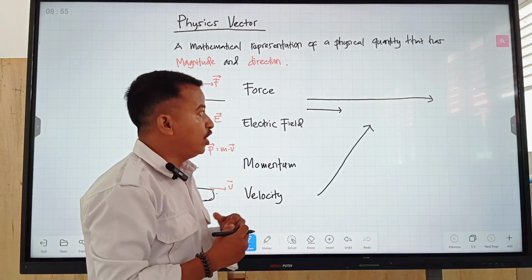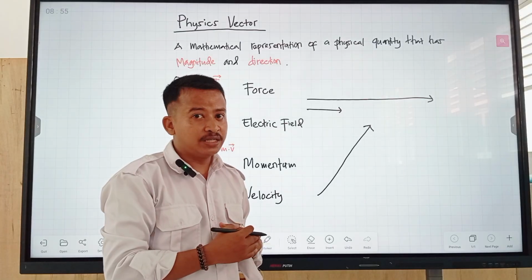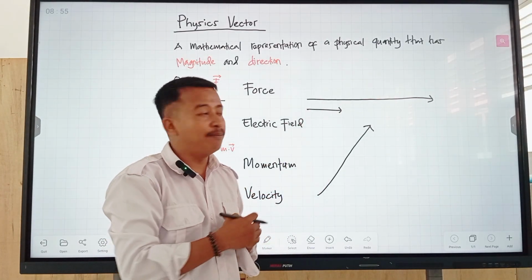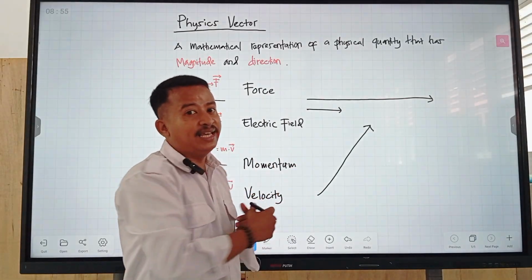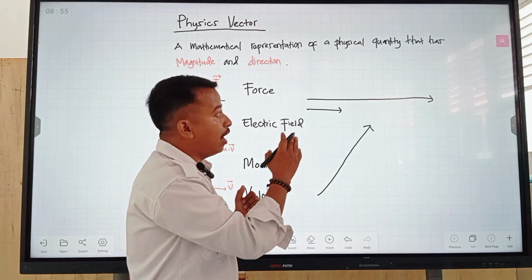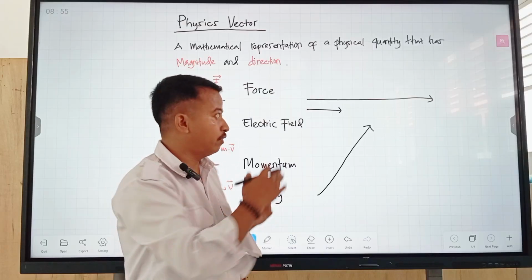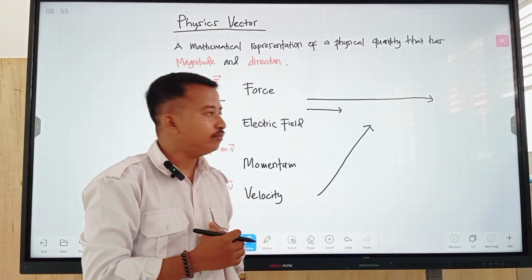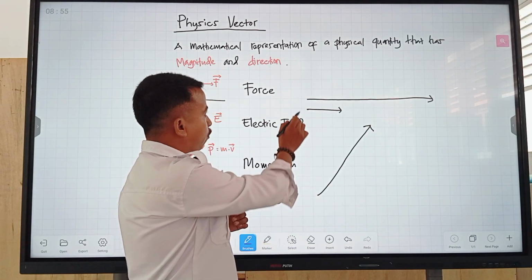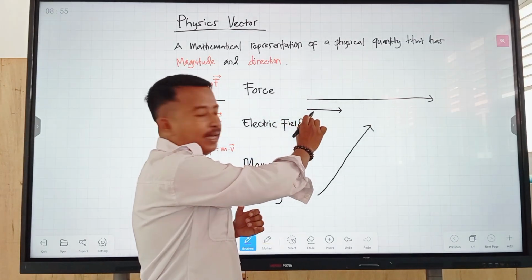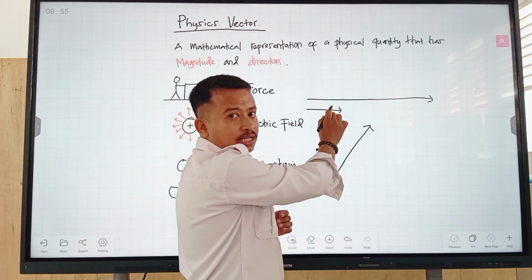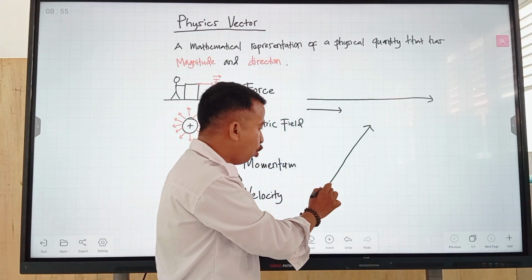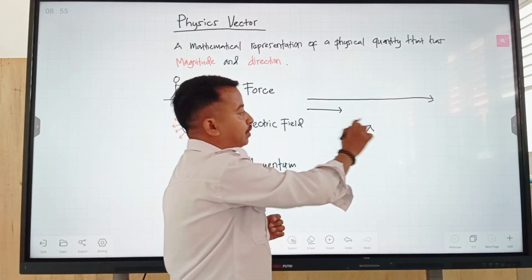So definitely we use an arrow to represent a vector, and the length of that arrow represents how large that quantity is, and the direction of that arrow represents the direction in which that quantity is acting. In case of force, in this case it would be acting to the right, and for this, it would be acting in this direction.